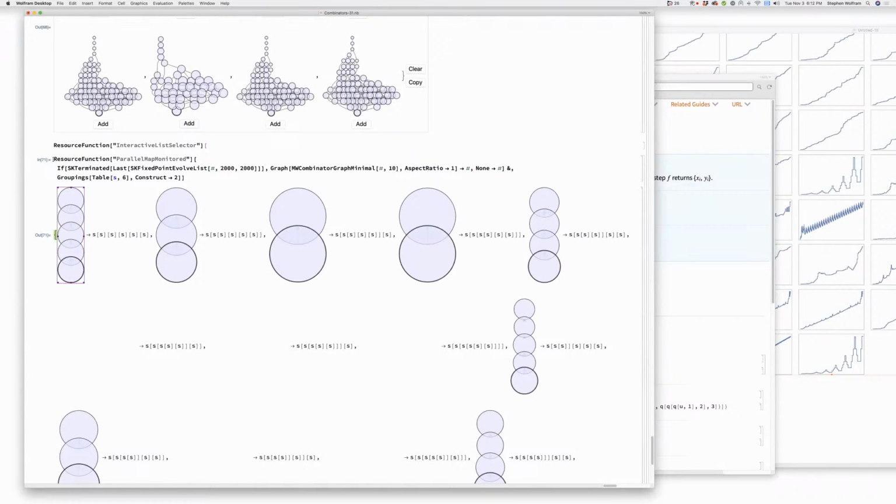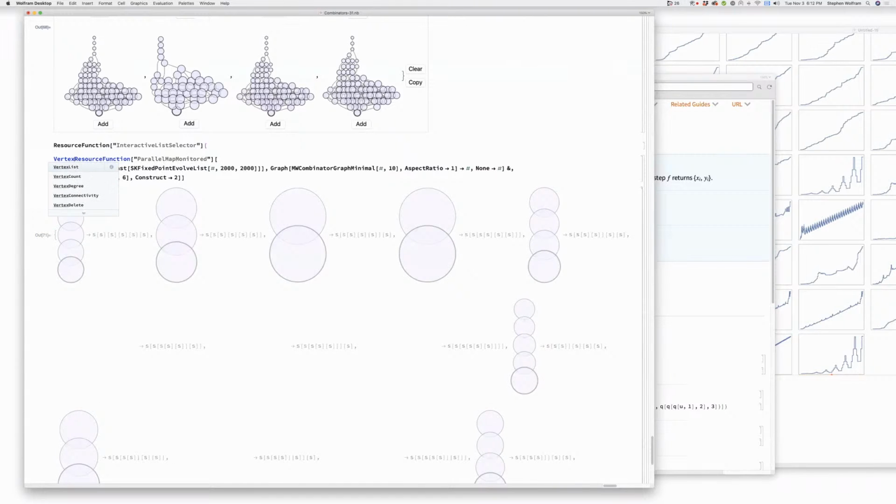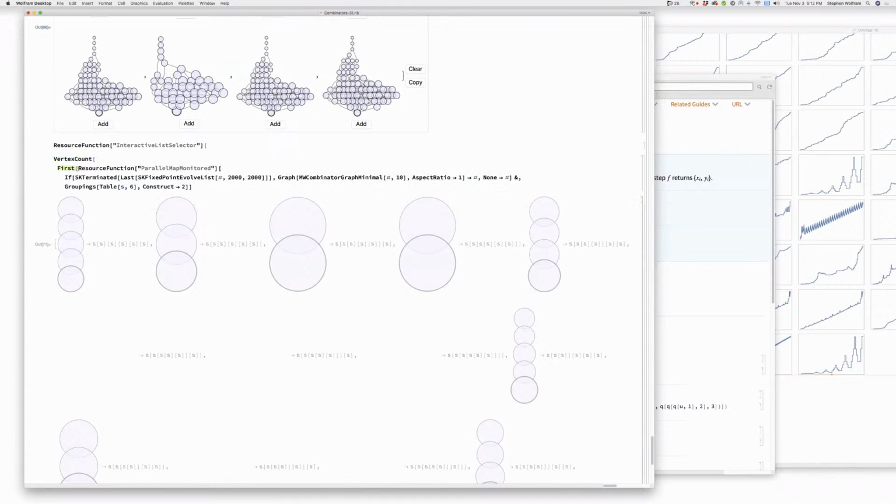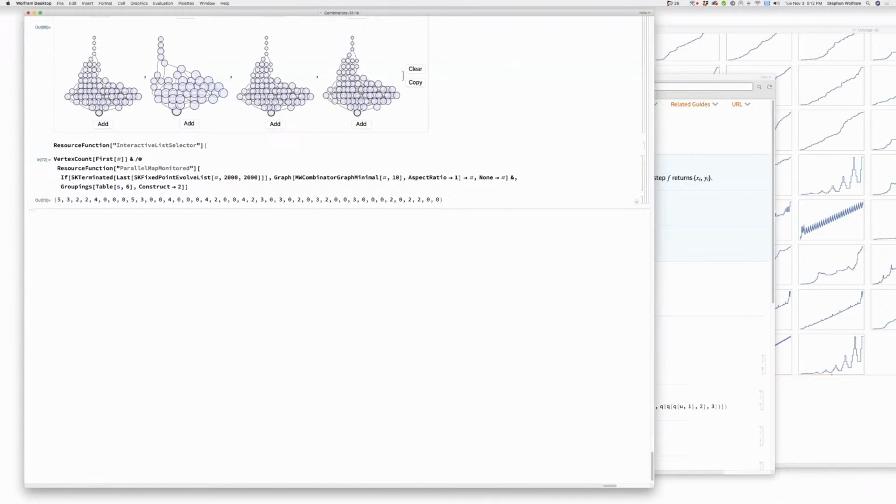So I want to say vertex count of first of hash. That gives vertex counts. Actually, that's quite useful in its own right. Okay, that's the vertex count.